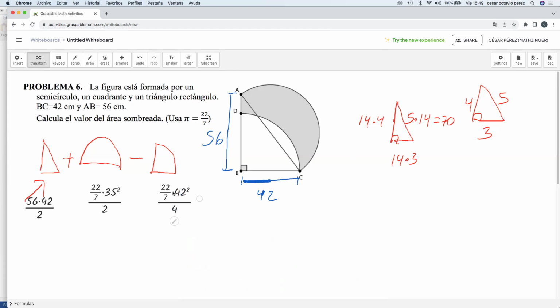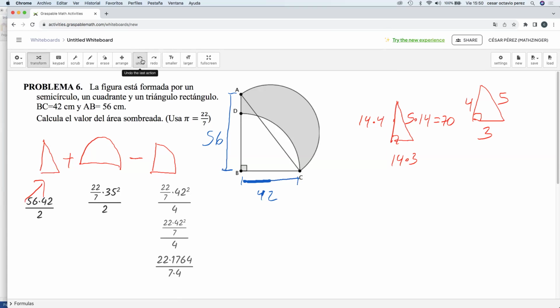Okay, let's see. Okay. And we can 21 squared, it's 441. Okay. We can divide.